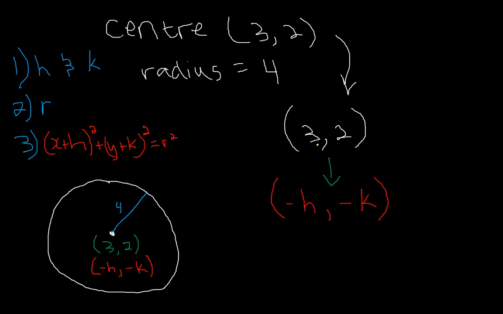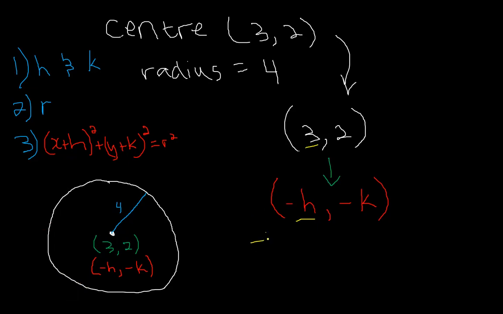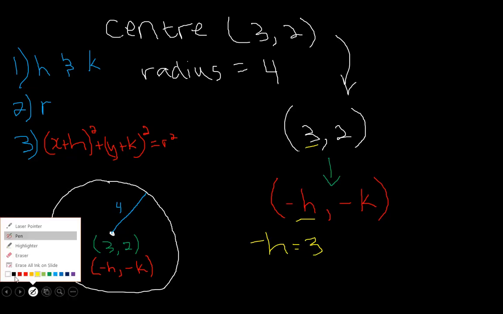H is 3, k is 2. Wait, repeat. H is 3 and k is 2. You sure about that? Well, it'll be -3 and -2. Minus h is 3, but we don't want minus h. What we're trying to find is h by itself.